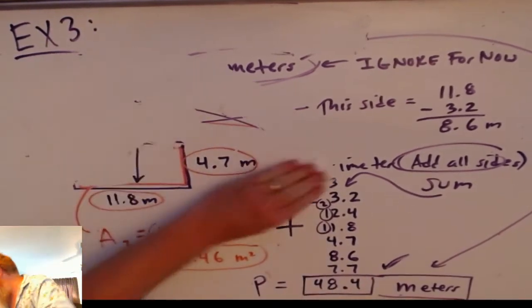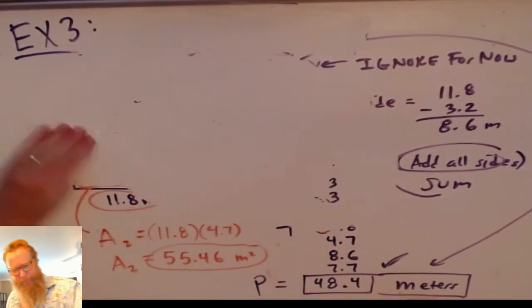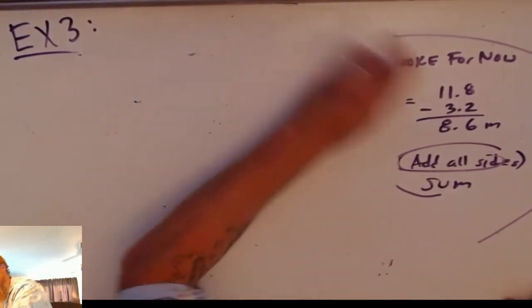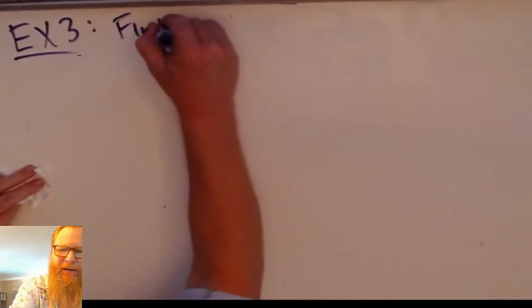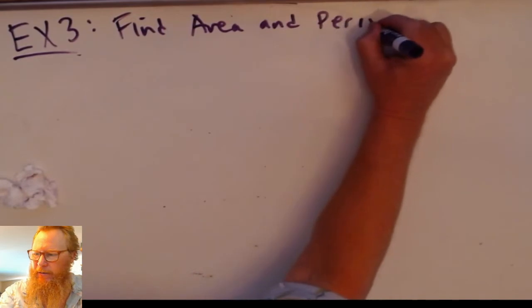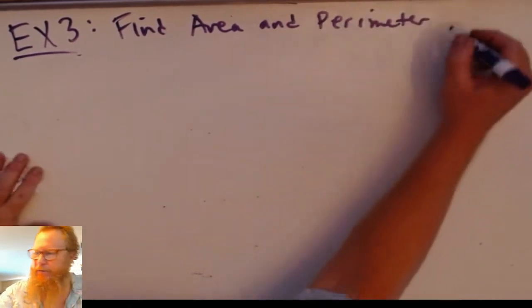Example 3. Find the area and perimeter of the triangle.